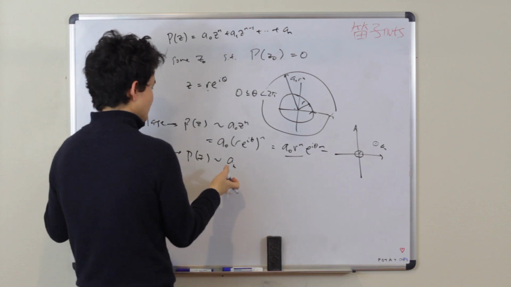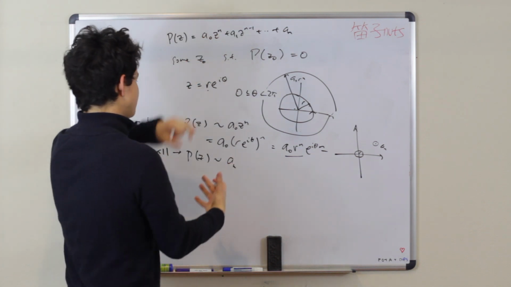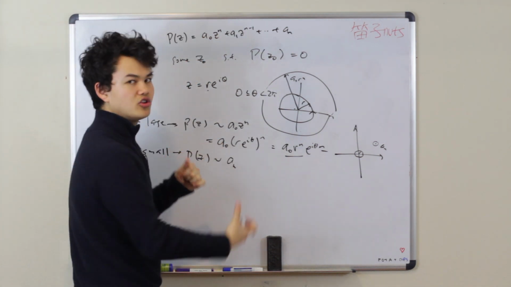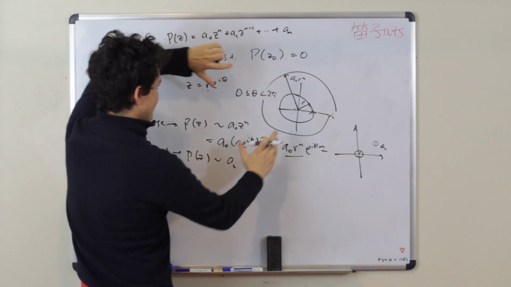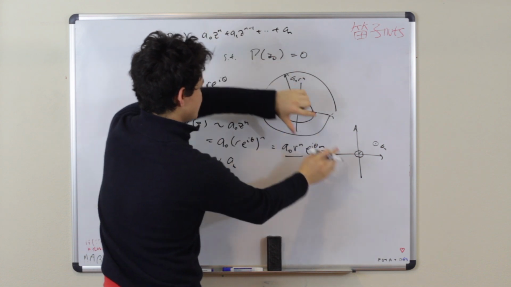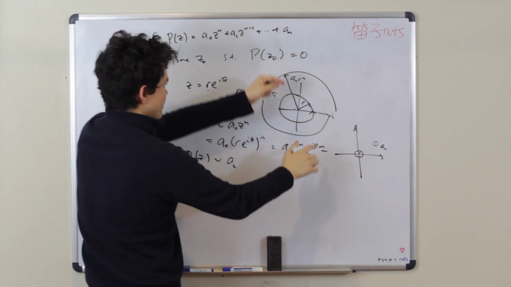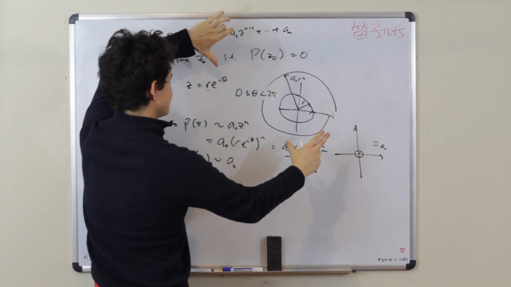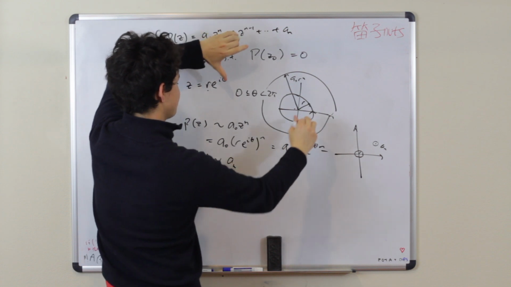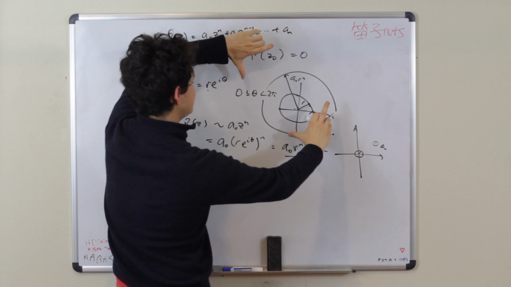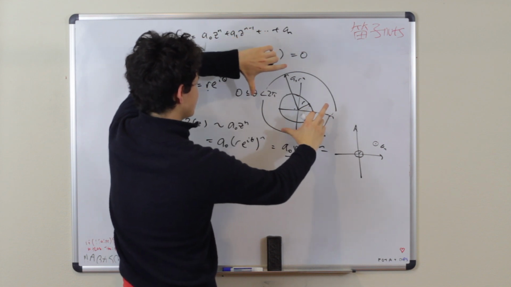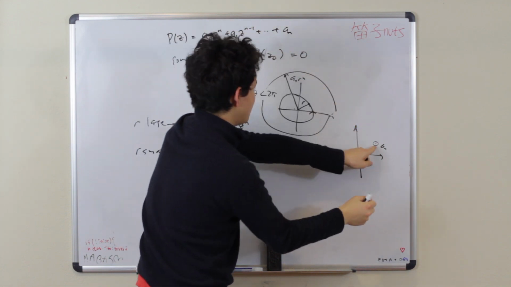And what this means, if we look at both of these, is that because polynomials are continuous, if we take this large input circle and squish it down to a small input circle, the output must also be a continuous mapping. There must be a way to take this large image and contract it to the small image.